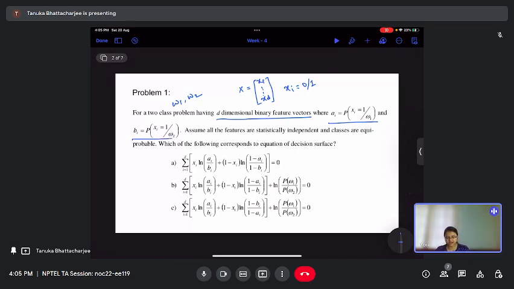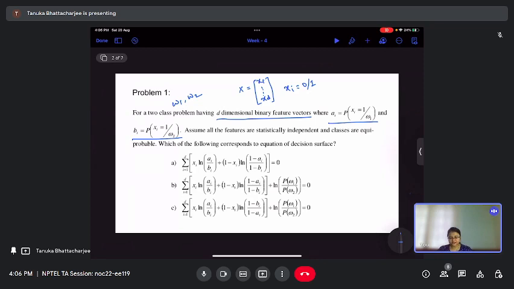Similarly, bi is the probability that when the feature vector belongs to class omega 2, the ith element of the feature vector is 1. So the class conditional densities are specified by these parameters ai and bi.